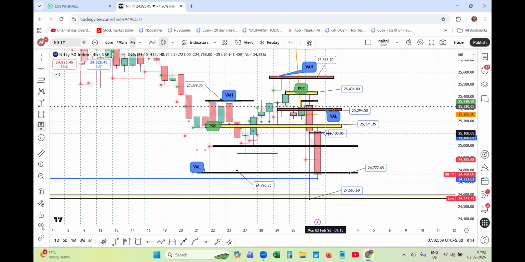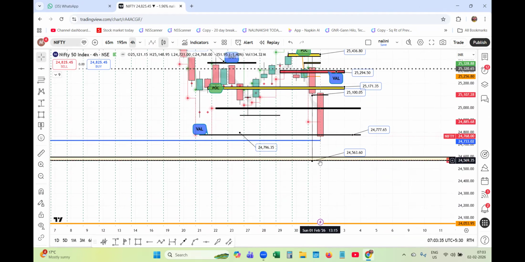There is 25,117, and yes, this is the exact level. 25,100 it is giving. So it can come up to 25,171 and 25,100, or it can halt around 24,985. Today's trade range may be within this.